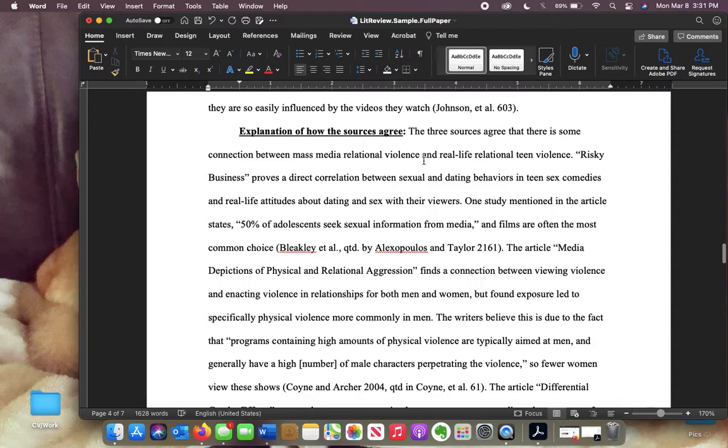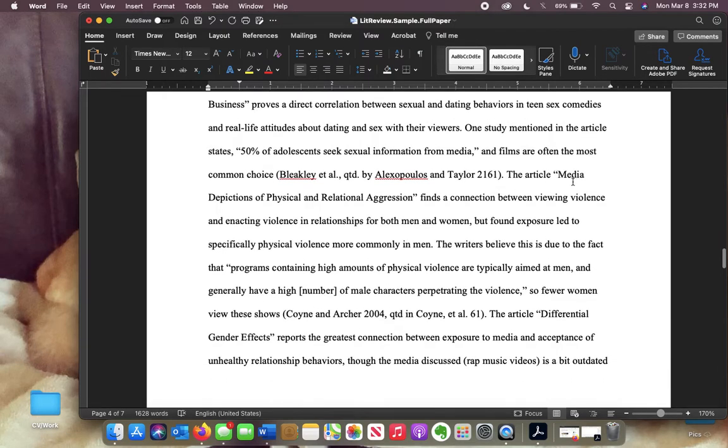Then I go on to explain how they agree. They agree that there is some connection between mass media relational violence and real-life relational teen violence. And then I go on to give an example from each source that supports that particular topic sentence. So they agree that there's a connection. And this particular source, they say this about the connection.